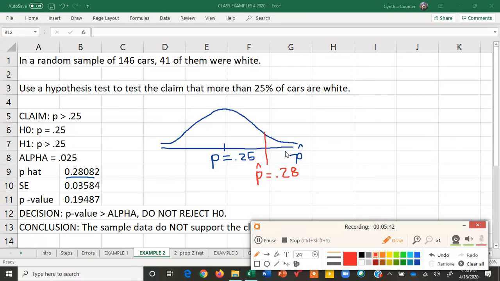So to find a p-value, we need to find the area in this right tail. But the norm dist, if we just use a straight norm dist, gives us this area to the left. Well, that's not what we want. It's the opposite of what we want. We want this area on the right. The area under the entire curve is 1, so we end up doing the 1 minus norm dist.